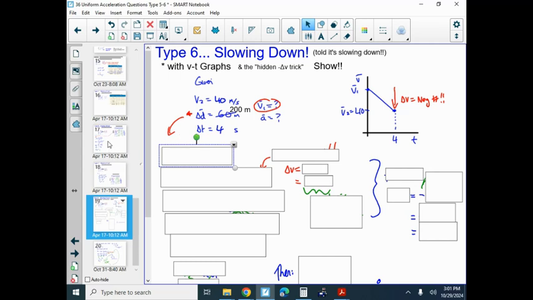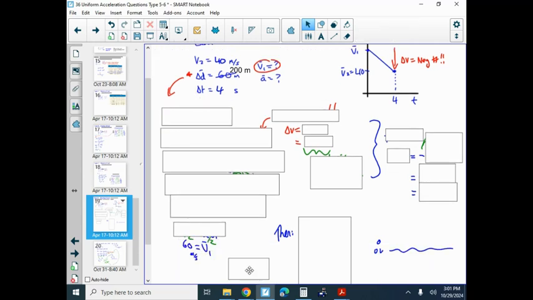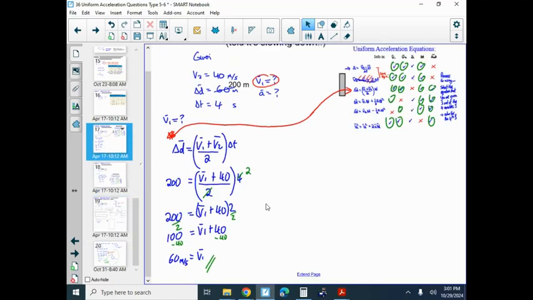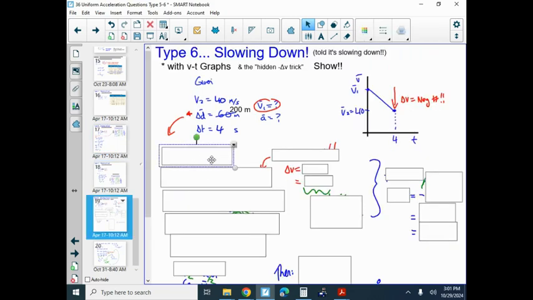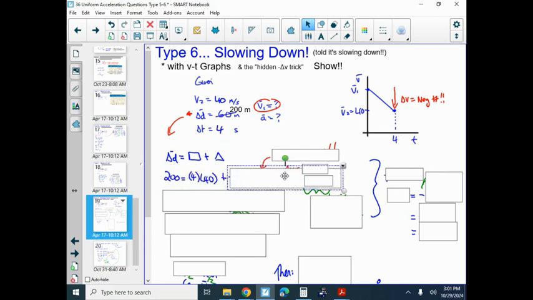So I'm trying to solve for V1. We should be able to get that same answer for V1 here of 60. That's what we're looking for. So we're working with the displacement. Obviously we're going to have a 4 times a 40, and then a 1/2 of base times height, the delta V, but we know that delta V is actually a negative.